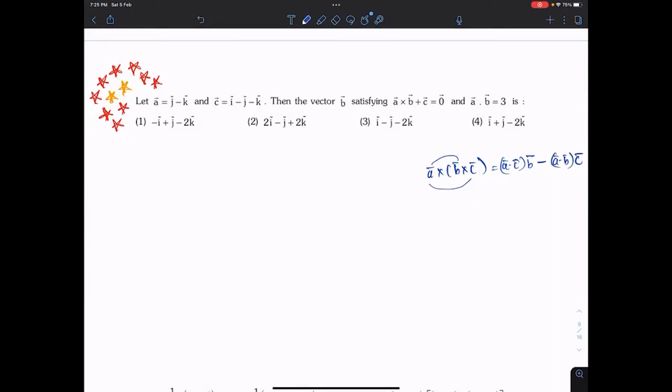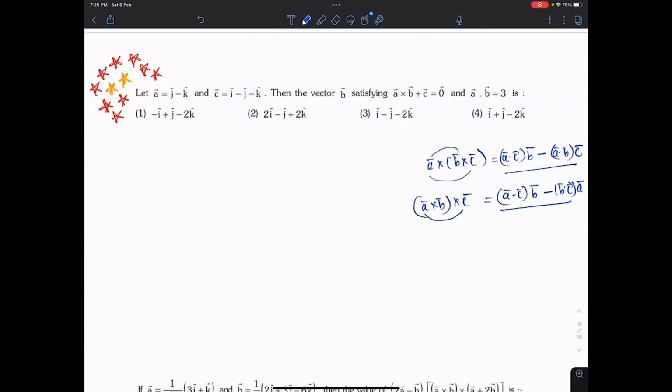Same funda, if A bar cross B bar cross C bar is there, first outer dot product. What is the outer dot product? A bar dot C bar into inside vector, that is B bar, minus inner dot product, that is B bar dot C bar into the remaining vector, that is A bar. That's all. You see, both are not same. They both are different.